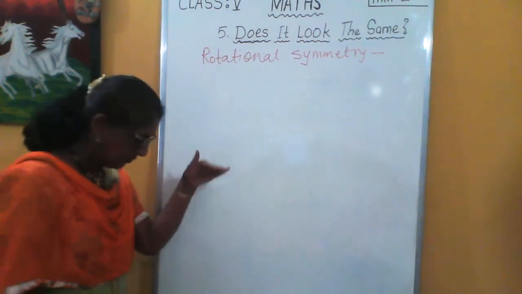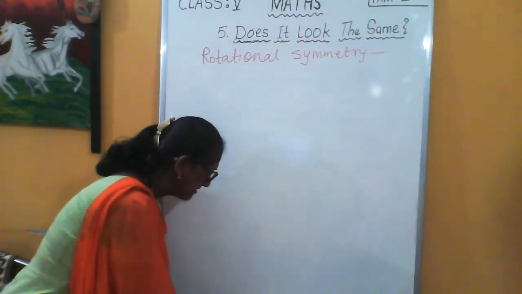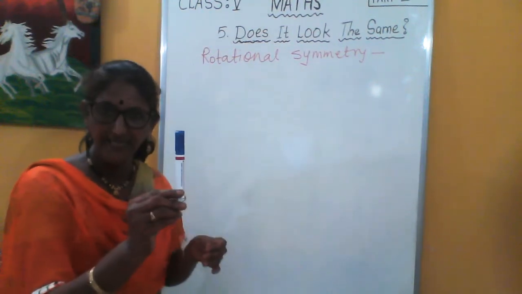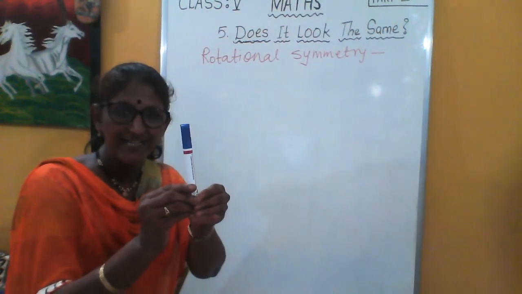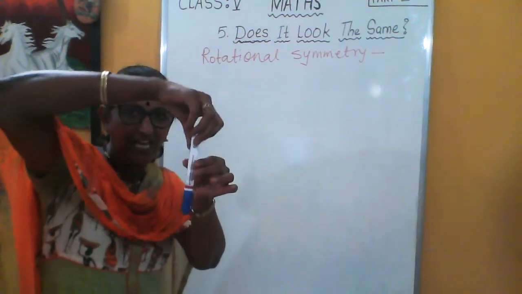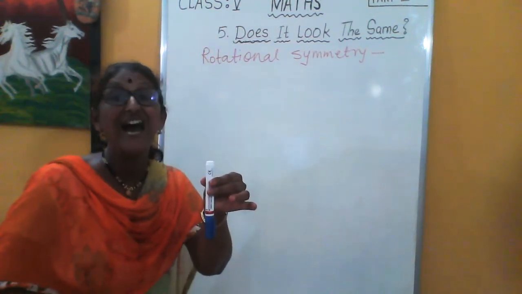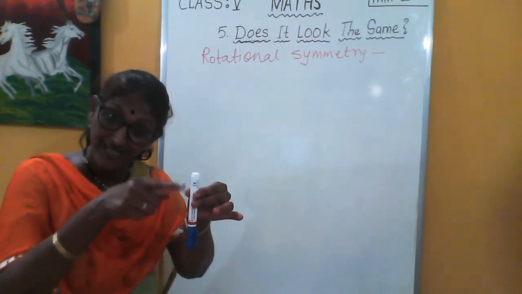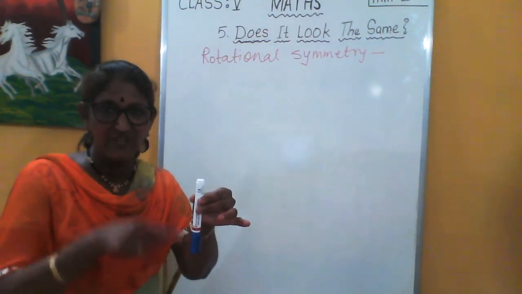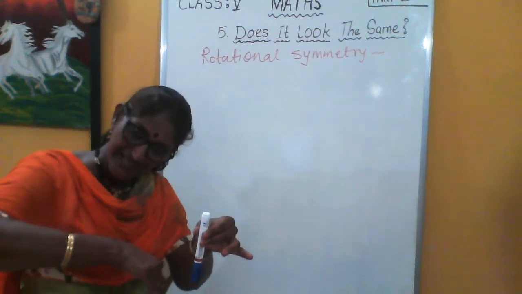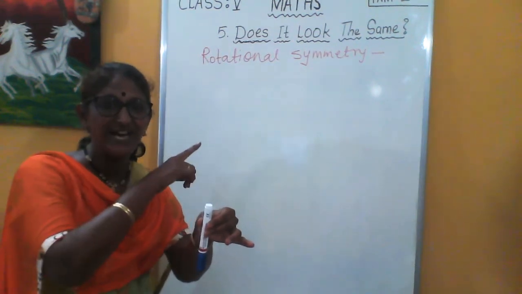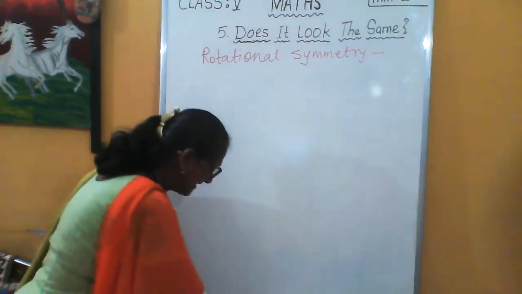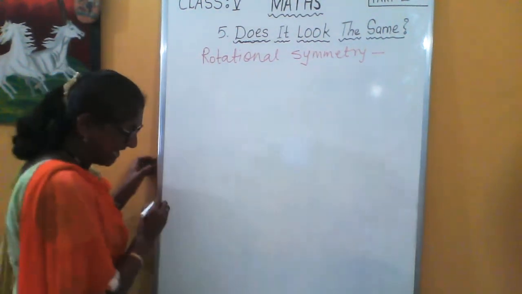Turn. All of you know that. If this is a pen, and if I rotate it this way, this is called a half rotation. Now this is only a pen, but it is in the opposite direction. When things come in the opposite direction, it is called a half rotation, and it is represented as half.